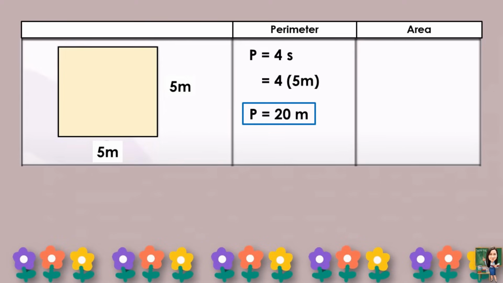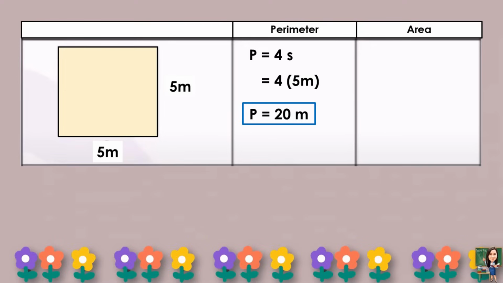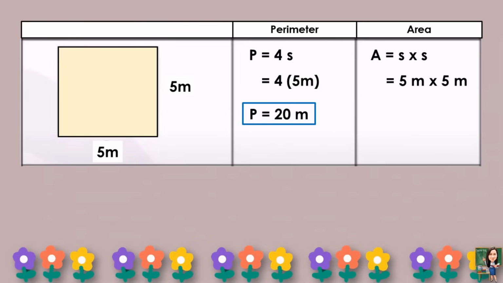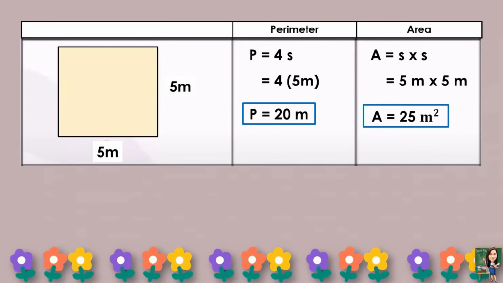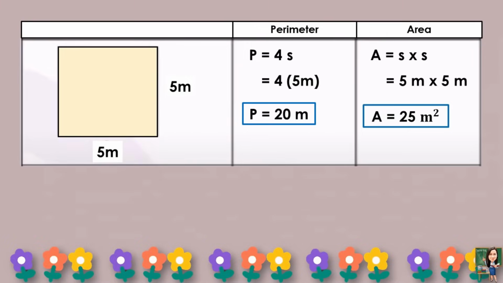So the perimeter of this square is 20 meters. The formula for the area is area equals side times side, or 5 meters times 5 meters equals 25 square meters. The area of this square is 25 square meters.